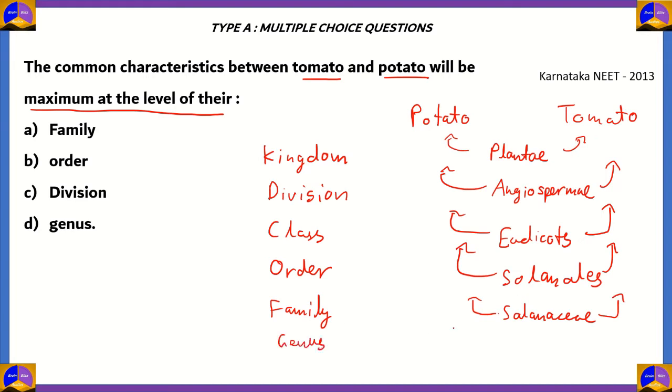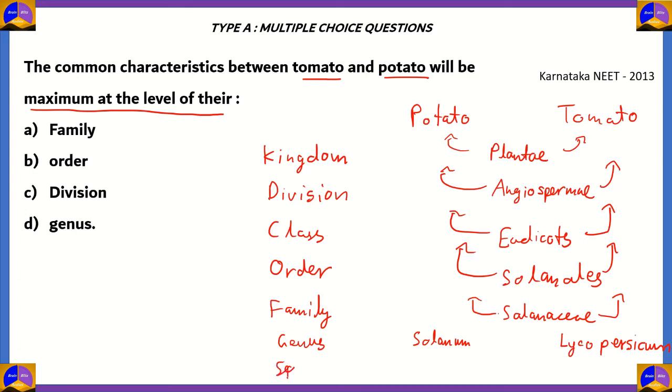But when we look at genus, we can find that the potato's genus is Solanum, while the tomato's genus has been changed recently to Lycopersicum. So that means at the genus level, they belong to different genera.